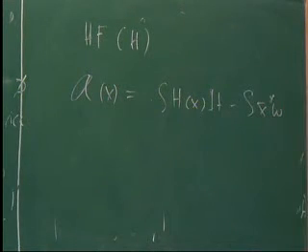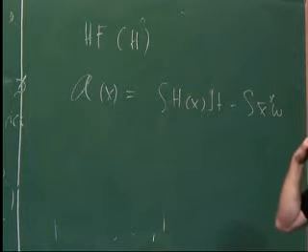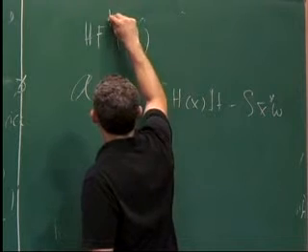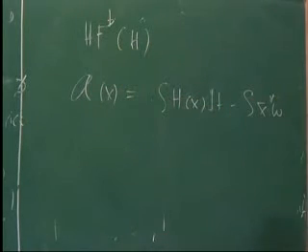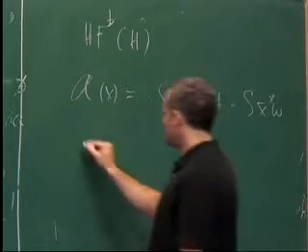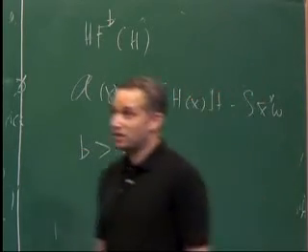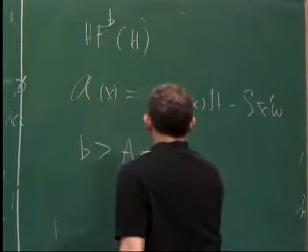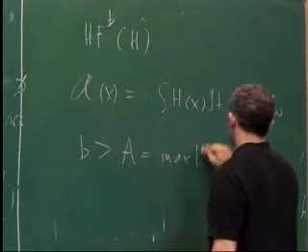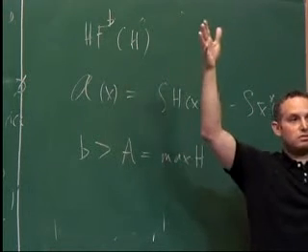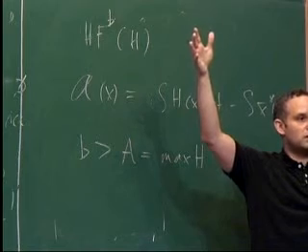And so we will start with the following simple specialization. We will consider the Floer homology restricted to action values less than b. Okay? So here b will be a constant greater than a, which I will just remind you is the maximum of our function h. And this is just, well, the Floer homology is the homology of a complex.